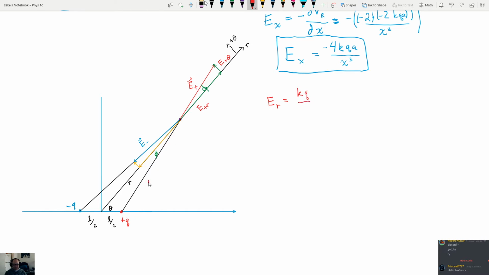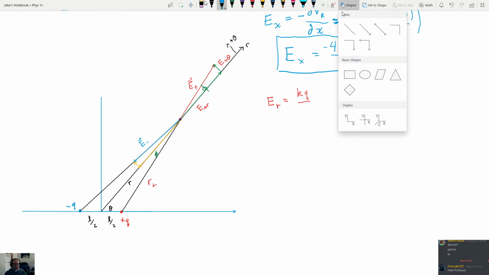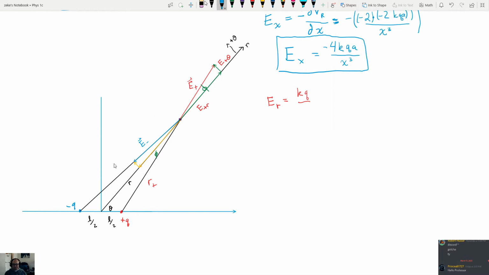So what I normally do is I call this R plus. You don't have to do this. You can call it R and R prime, or whatever you want. And then I'm going to call this side of this triangle over here R minus. So basically, this really acute triangle, we have R plus, R minus, and R in the middle.